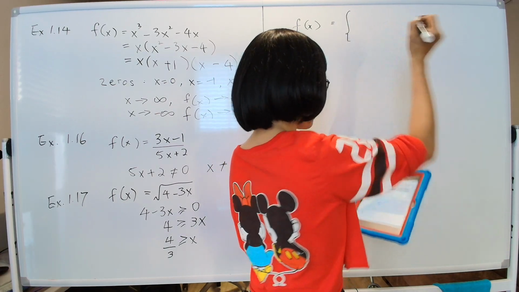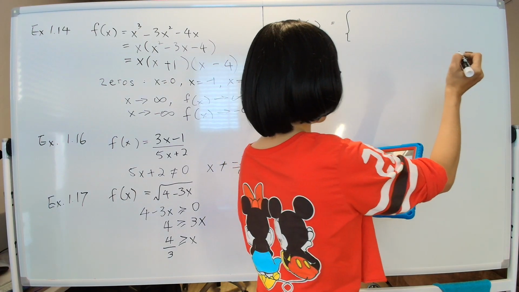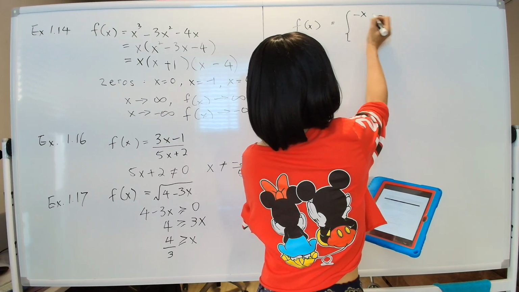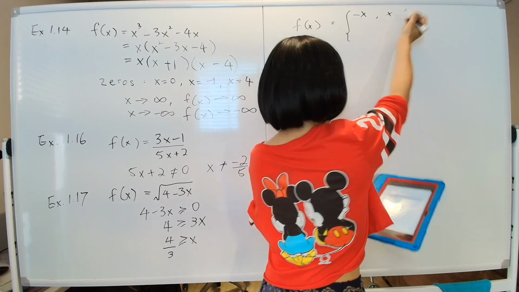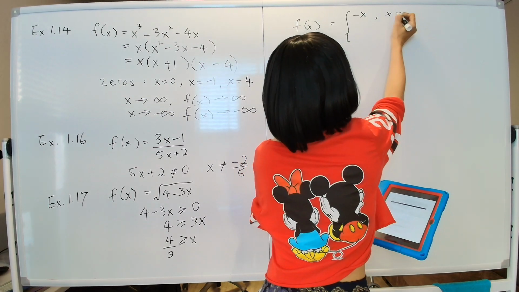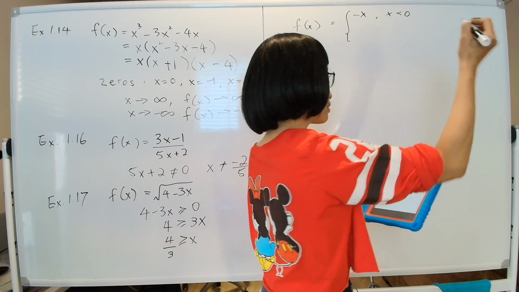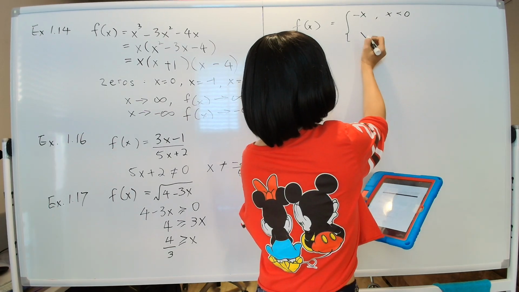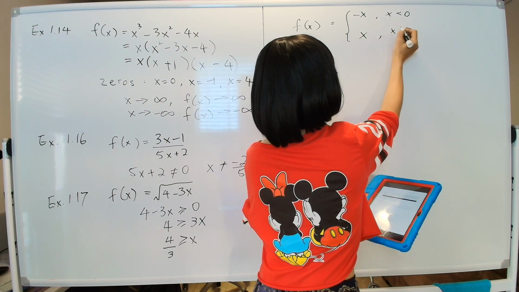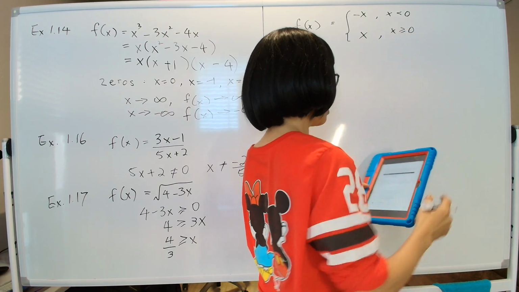You have a chunk of it when x is less than 0, it's minus x. And then for x that's positive, it becomes x, for when x is bigger than or equal to 0.